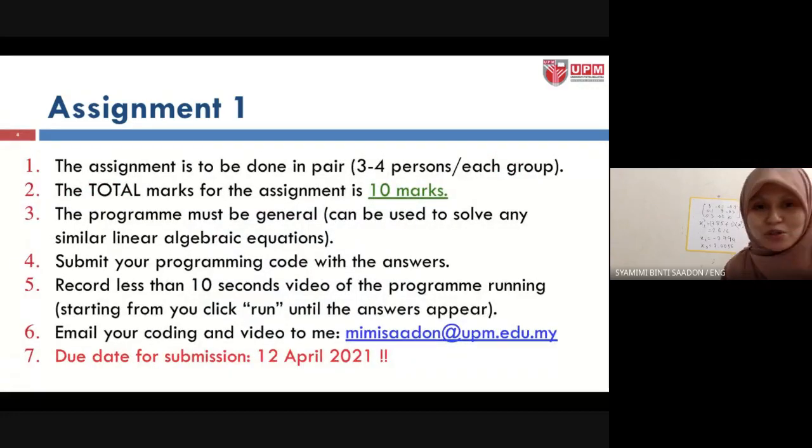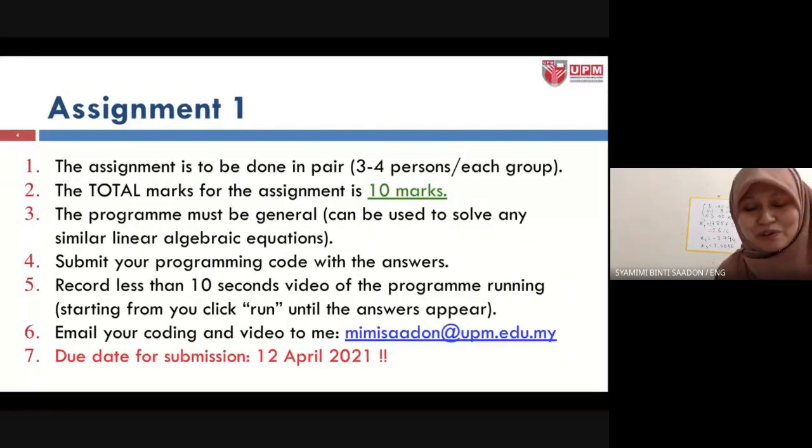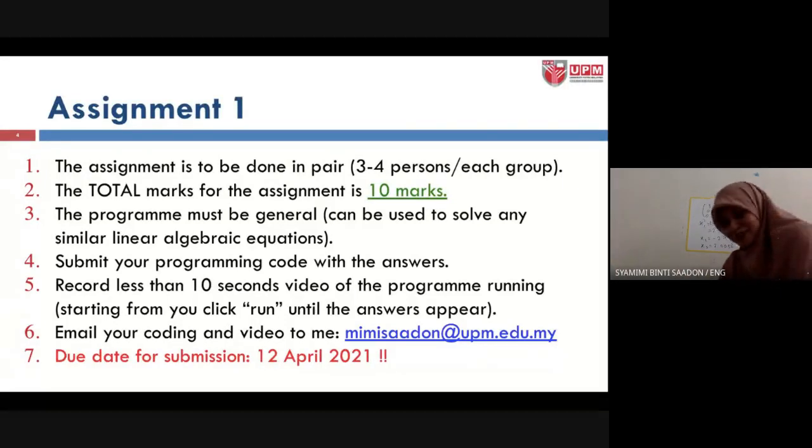Okay, so now the instruction. Since I changed a bit what I told you last week, and there are 60 of you, I need you to be in a larger group, not too large, but larger. So at least three or four, please, because otherwise I have a lot of assignments to mark.